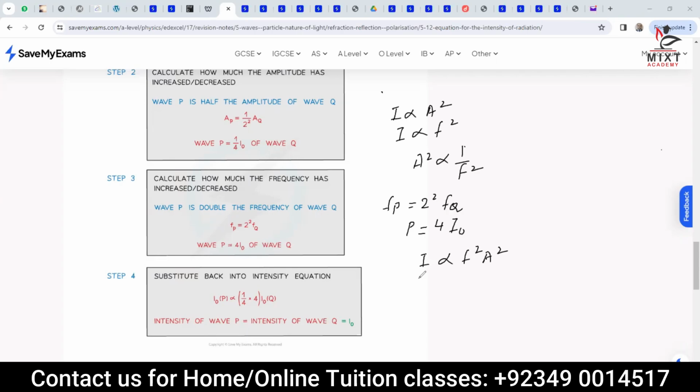Then when you place the values, you will see that it comes as 1 upon 4, 4 I naught. So these two will cancel, and technically both P and Q get the same intensity. Why? In one, the amplitude is 4 times. In the other, the frequency is 4 times. So both cancel the effect of each other, and you get the same intensity. P intensity is equal to Q intensity, which is I naught.